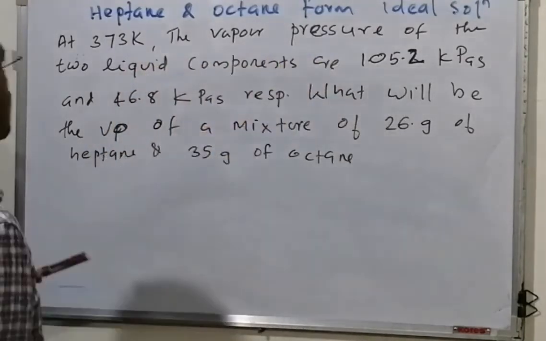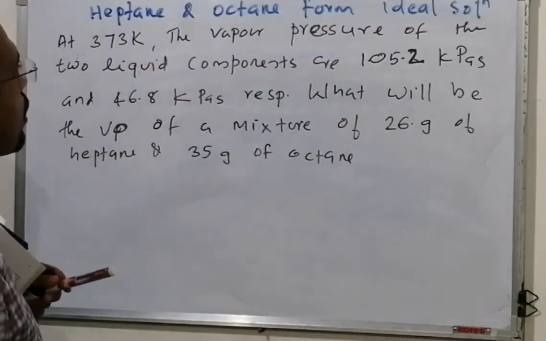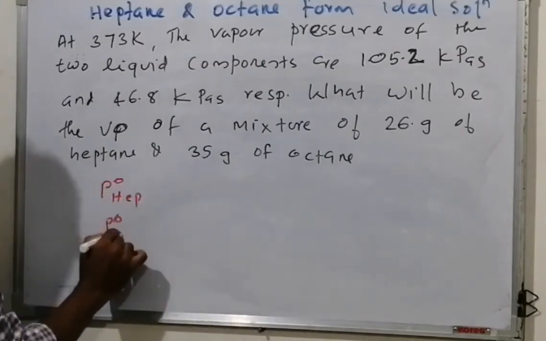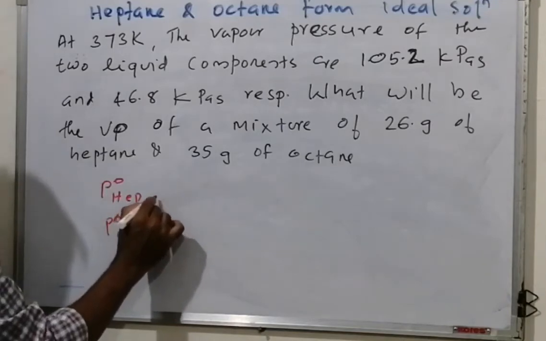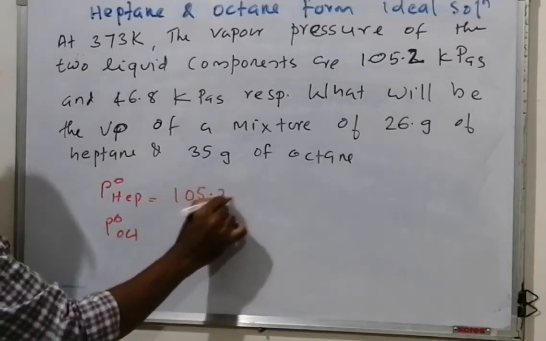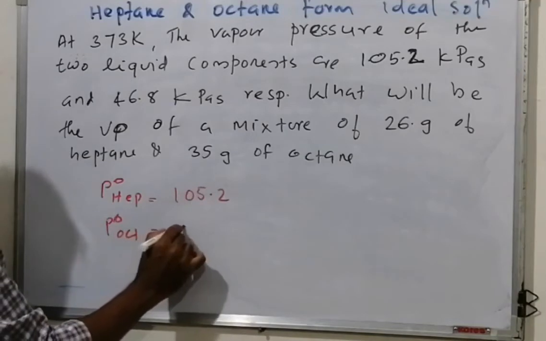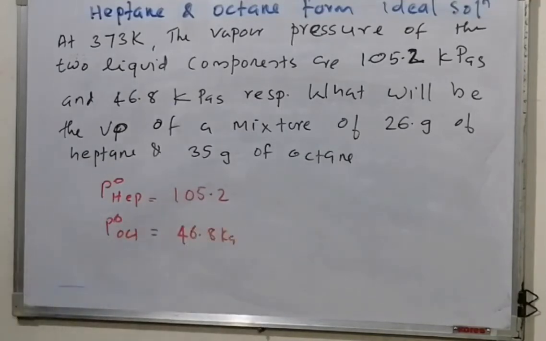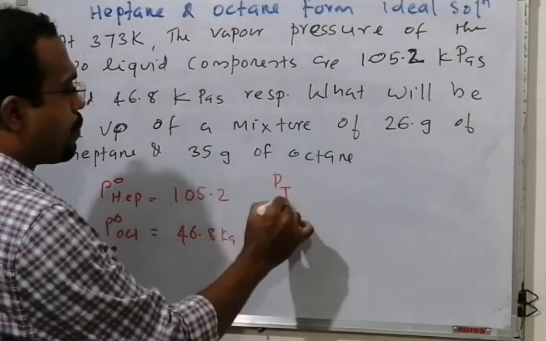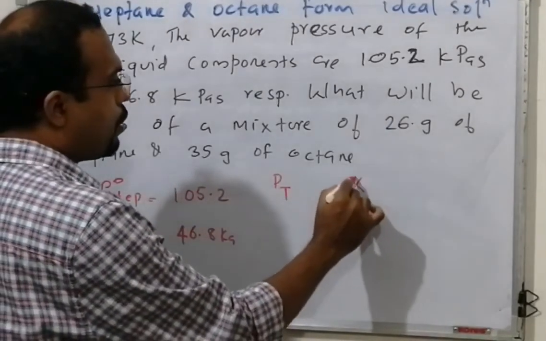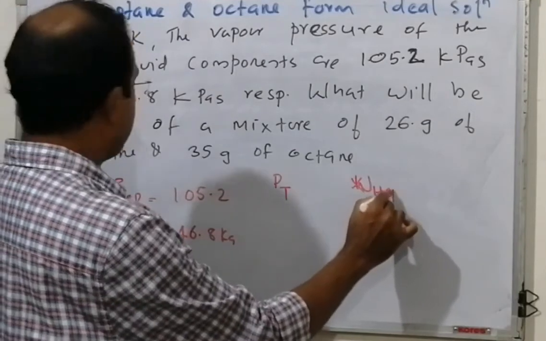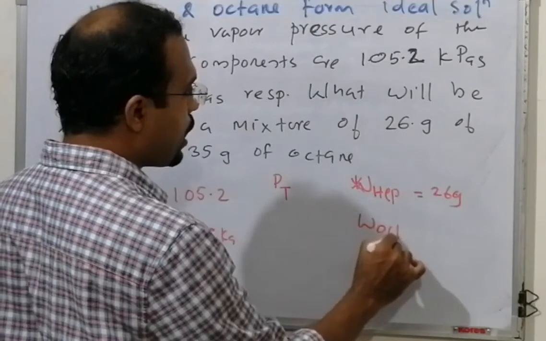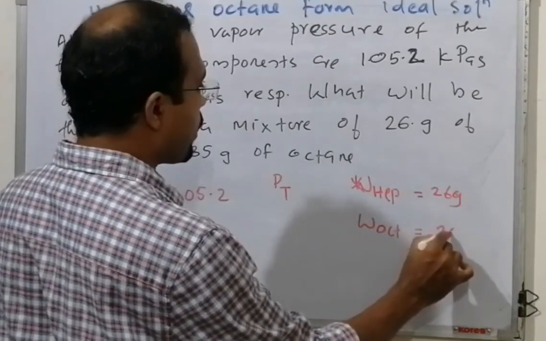The vapor pressures of the two liquid components are P0 heptane and P0 octane: 105.2 kilopascal and 46.8 kilopascal. What will be the vapor pressure of the mixture? They are asking you the total vapor pressure when W heptane is 26 gram and W octane is 35 gram.